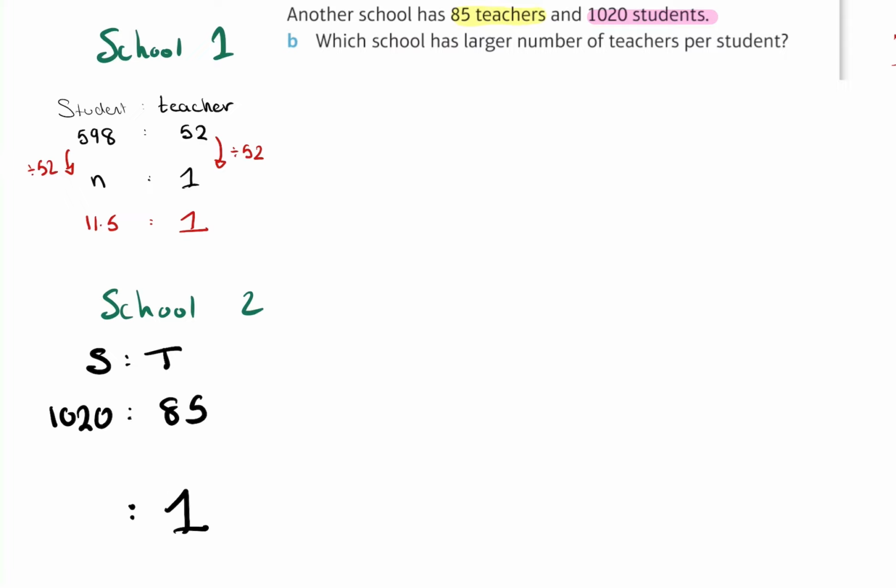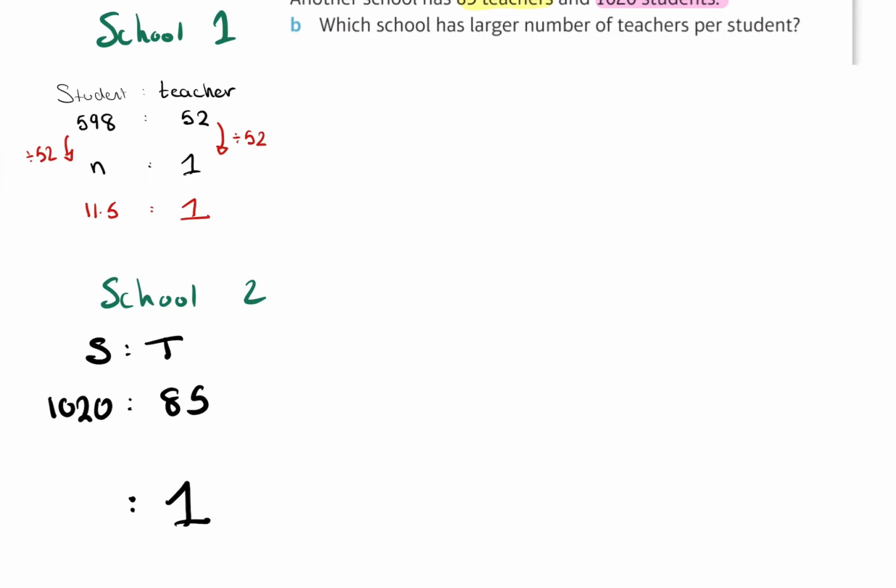We want to find how many students to teachers. So we're going to divide this by 85. And we'll do the same thing here. Divide that by 85. So 1,020 divided by 85 gives us 12.